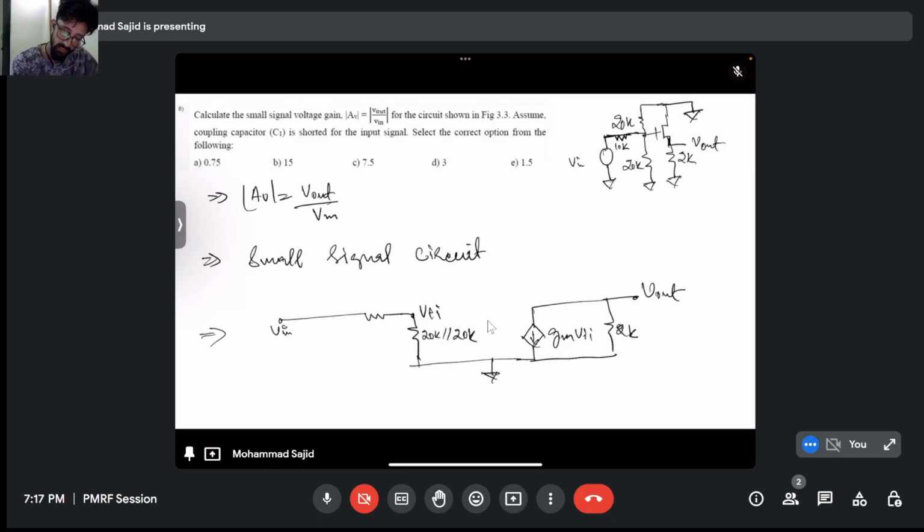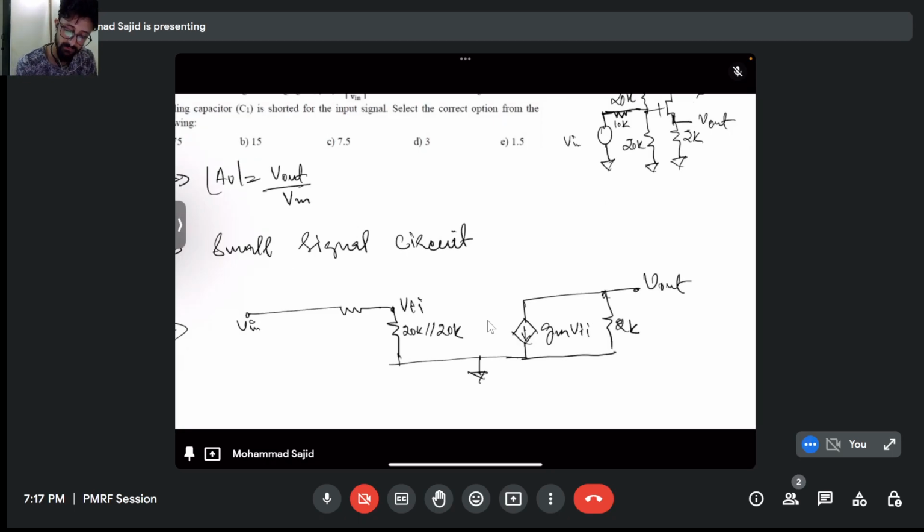Where we will apply KCL? Obviously here, right? So it will become V output by 2K plus GM Vπ is equal to 0. That is, your V output will be equivalent to minus GM times 2K times Vπ.